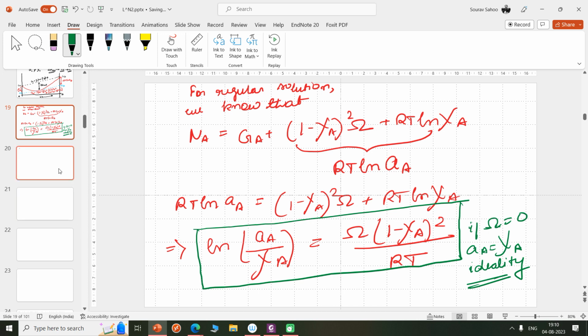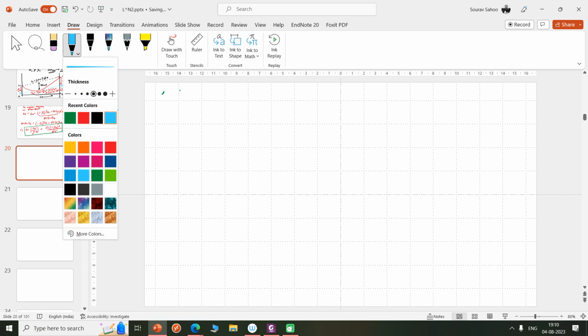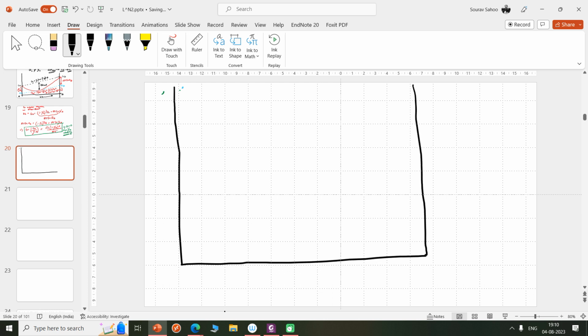So as a consequence of this, we have the plot between A and B, and we have seen that because the activity has an upper bound of 1.